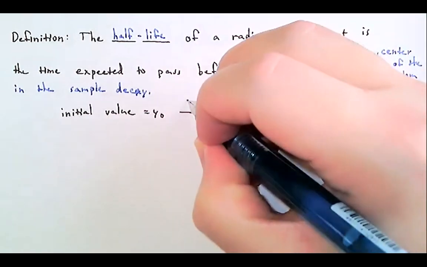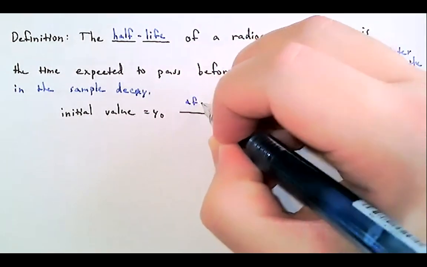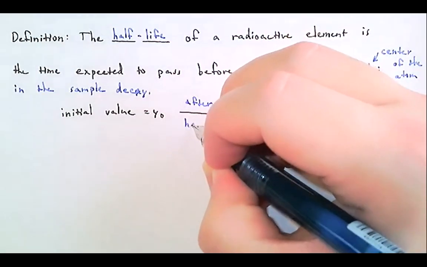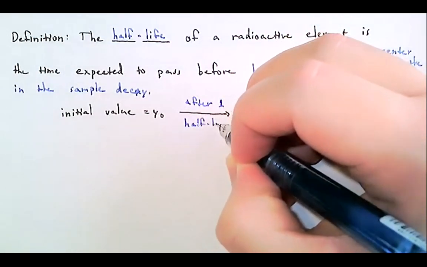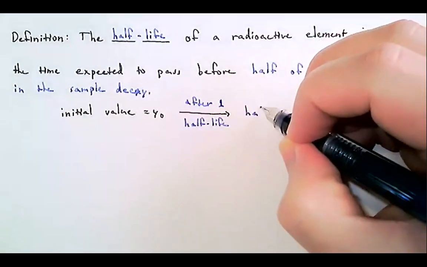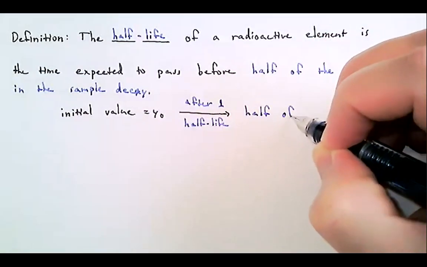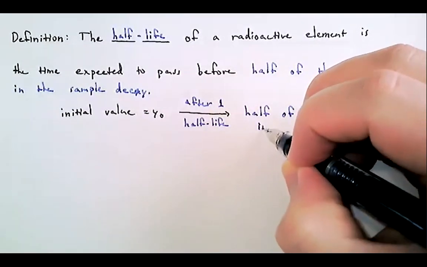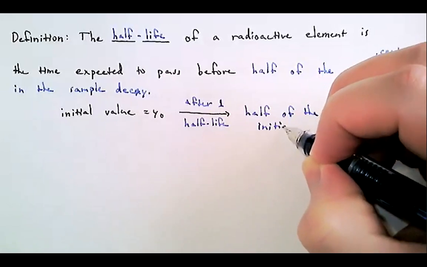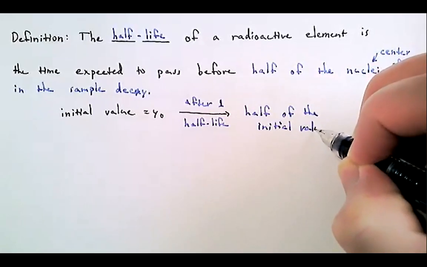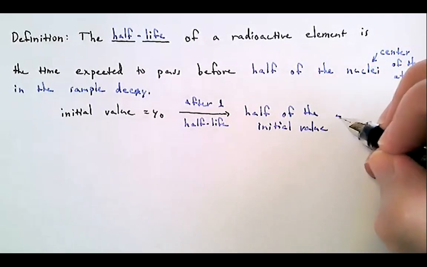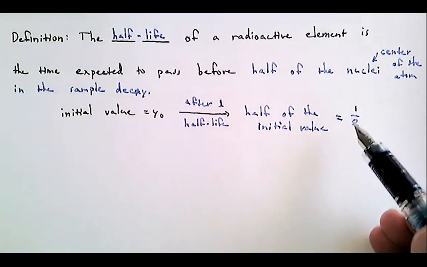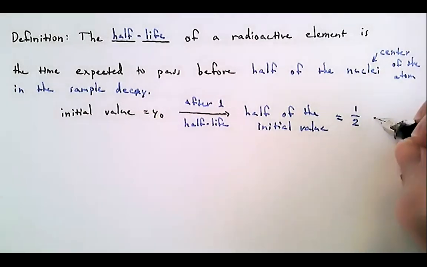So after one half-life, you're left with half of the initial value, the initial quantity of your element. So of course, that's just 1/2 times y0.